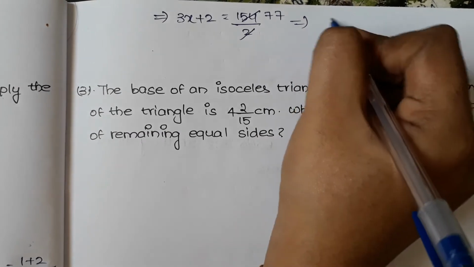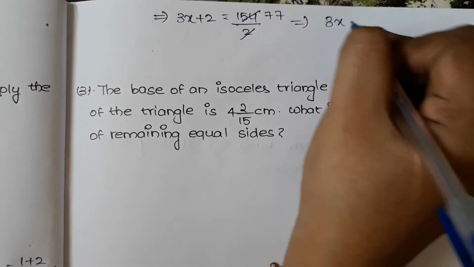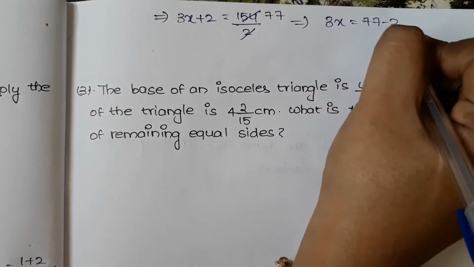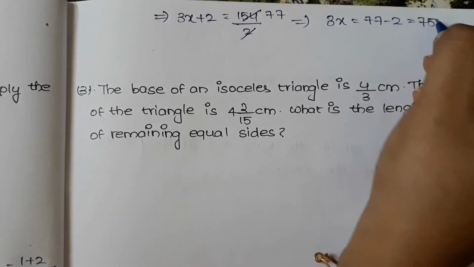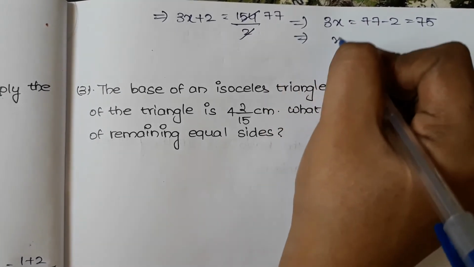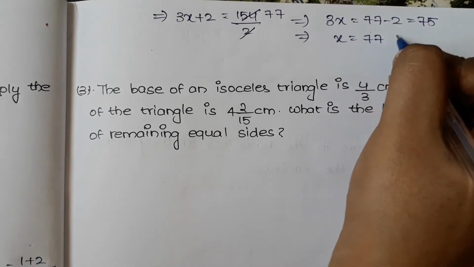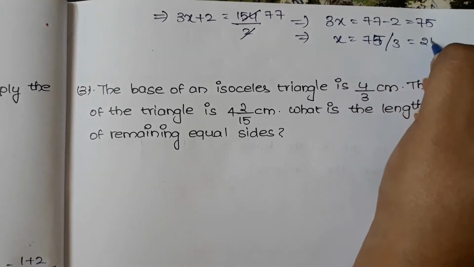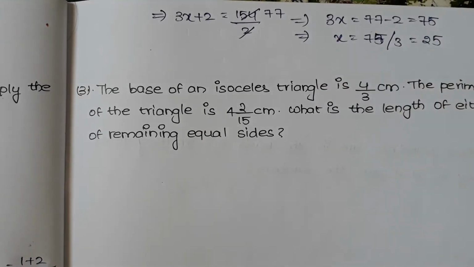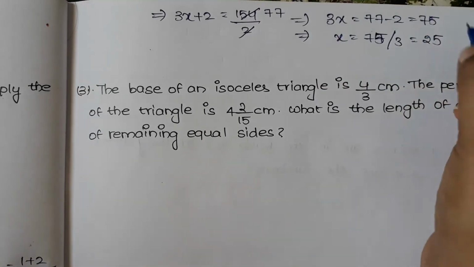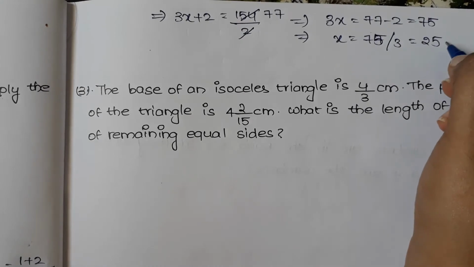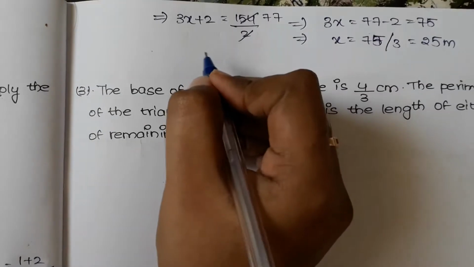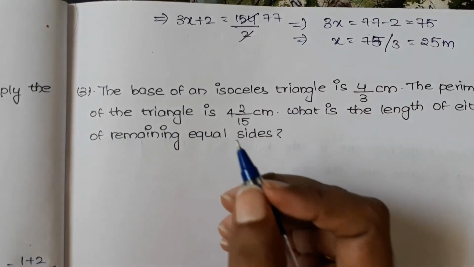From this 3x equals to 77 minus 2 equals to 75 and x equals to 75 divided by 3, that is 25. And here x is 25, that is breadth is 25 meters.